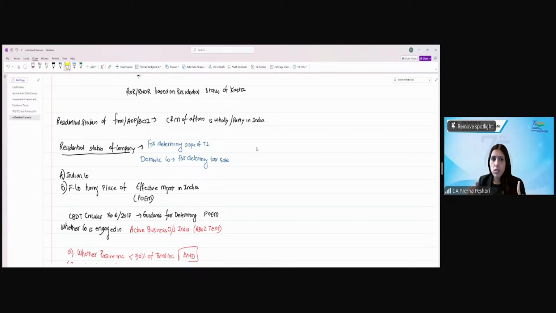For determining the tax rate applicable to a company, you need to decide whether it is a domestic company or a foreign company.